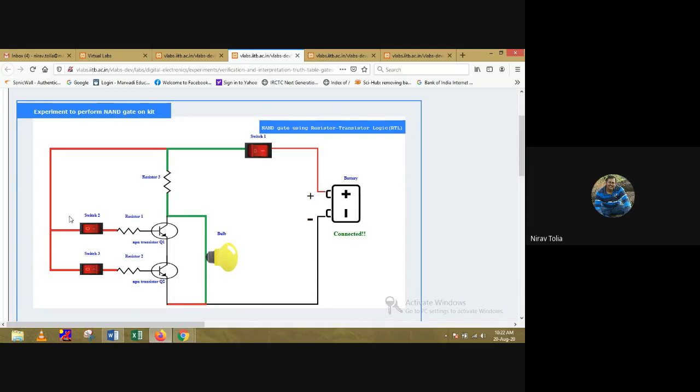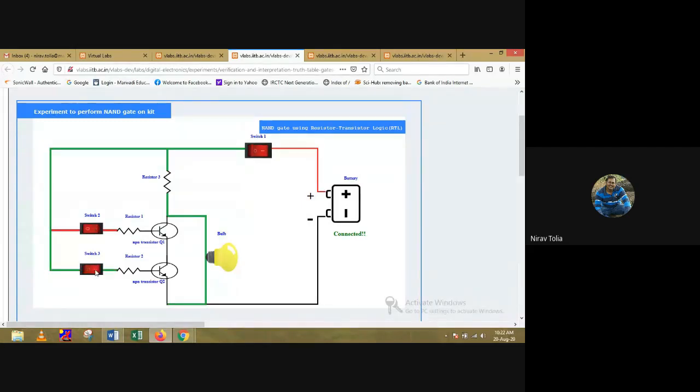See, switch 2 and switch 3 are my inputs. Both are 0, then my output is 1. So that means 001. Again, switch on any one switch, so my input is 01, then also my output is 1.